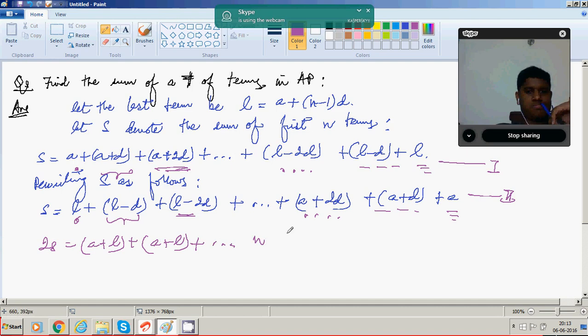How many terms? N terms, because there are n terms in the series. Look, we are summing the series consisting of the first n terms. So a plus l occurs n times.